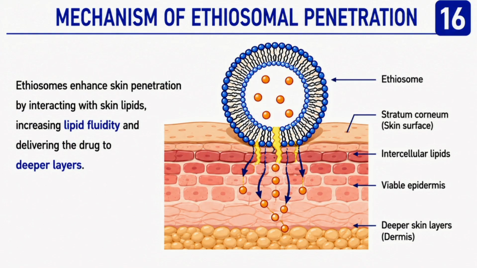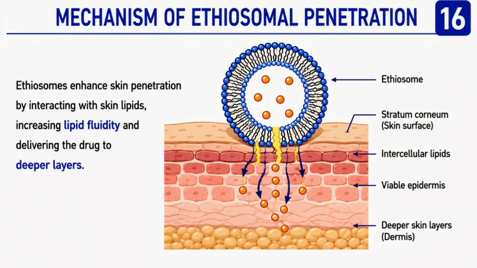So now we reach the most important section, the mechanism of action of the ethosomes here. So the enhanced delivery can be understood through several complementary mechanisms. So first one is the ethanol increases the fluidity of the ethosomal membrane. Second, the ethanol interacts with the stratum corneum lipids and increases their fluidity.